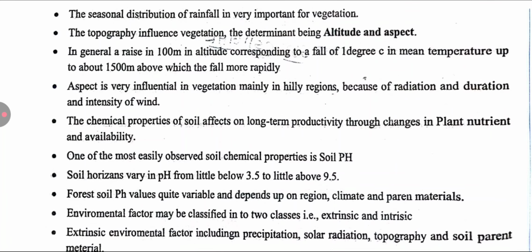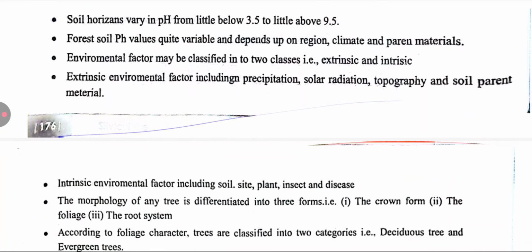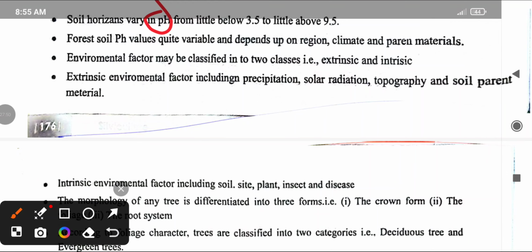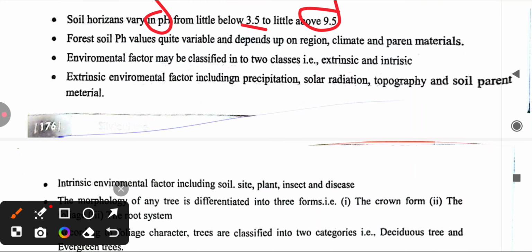Soil horizons vary in pH from a little below 3.5 to a little above 9.5. Forest soil pH values are quite variable and depend upon region, climate and parent materials.